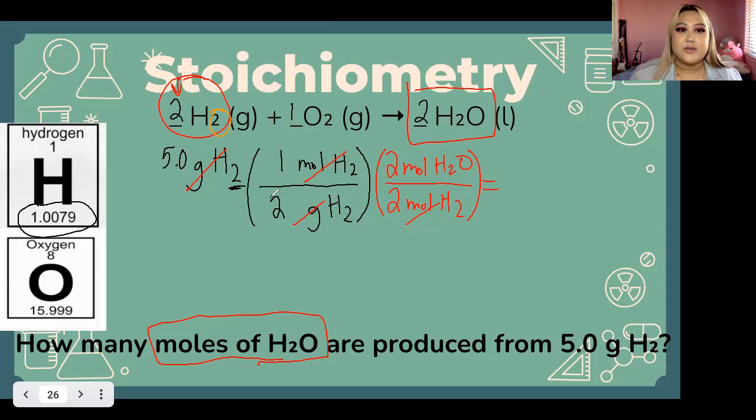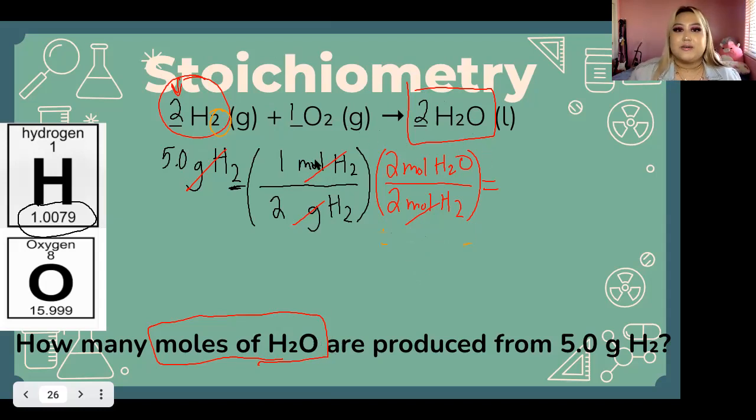When we're balancing the equation, right? The coefficient is the one where it relates to the moles. So that's where you find all the multiple factors. Oh, okay. Good question, good question.